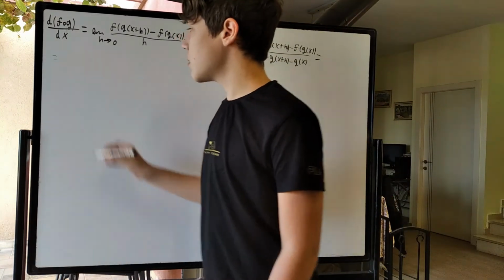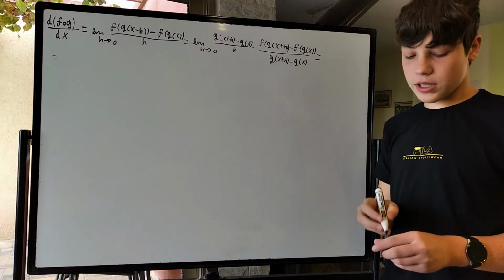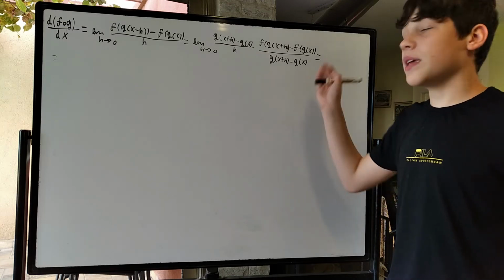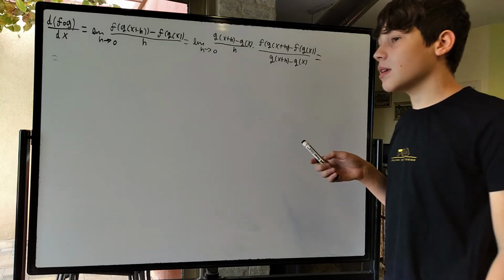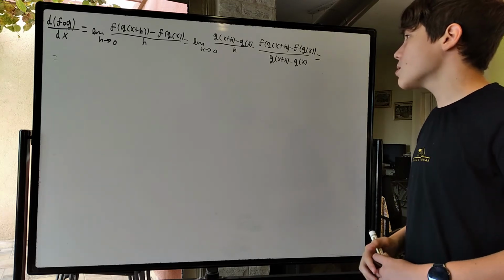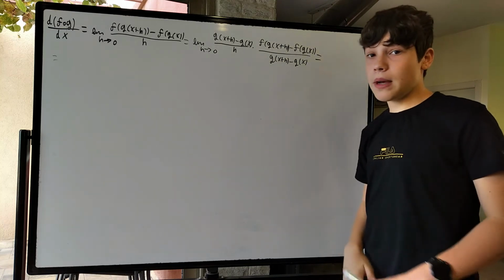Now we know, again, this is a finite product of two terms, meaning that the limit of the entire product is the product of the limit of each term separately. So we already know what this will come out to be.